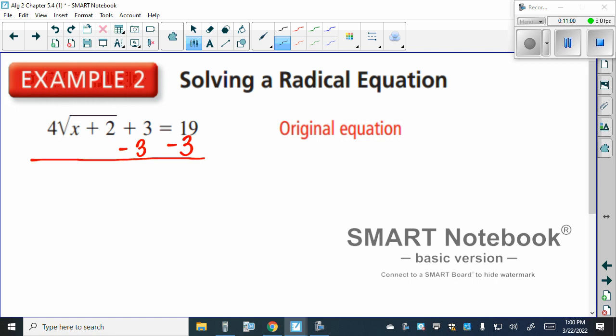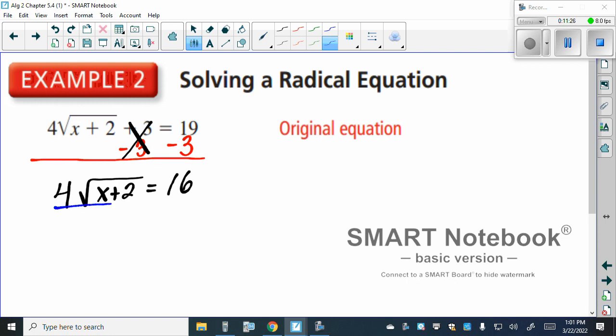Exactly. It'll tell us that 4 square root of x plus 2 is equal to 16, because our 3 minus 3 would give us 0. So we have the x plus 2 at the radical, but we need to make sure we get what? The radical by itself first.